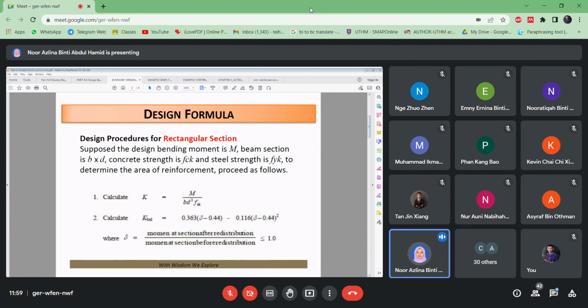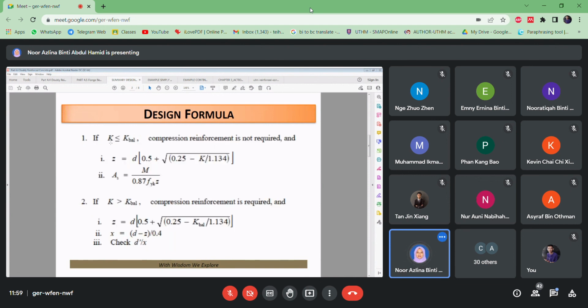So kalau delta satu, masukkan je lah satu. Nilai K balance ni 0.454 delta minus 0.182 delta squared minus 0.16, or 1 minus 0.44 in bracket, if not mentioned any redistribution. That is how to analyze the K balance here. Then you make a comparison K and K balance.